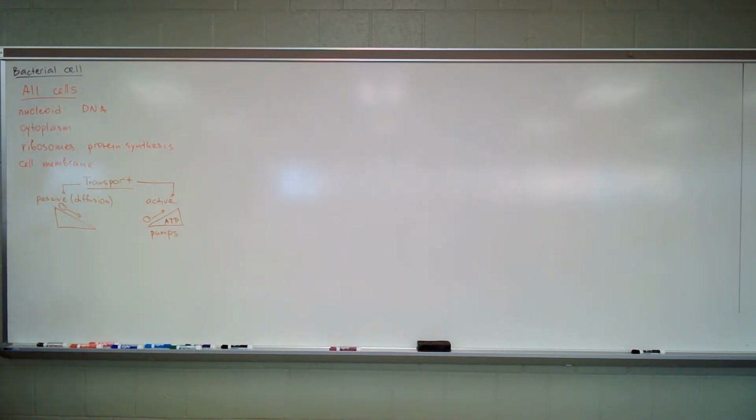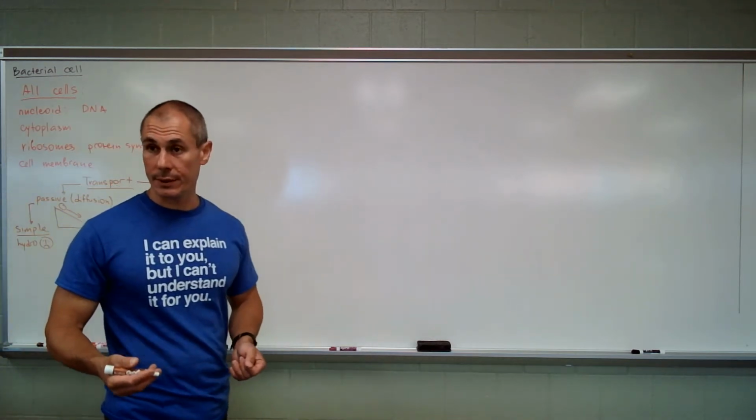Okay, now, what about passive transport? In passive transport, you have two further options. One option is for molecules to cross the membrane directly, just like David Copperfield crosses the walls. So we call this simple diffusion. And simple diffusion is reserved for hydrophobic molecules, okay? They can cross the membrane directly, things like alcohol, for instance.